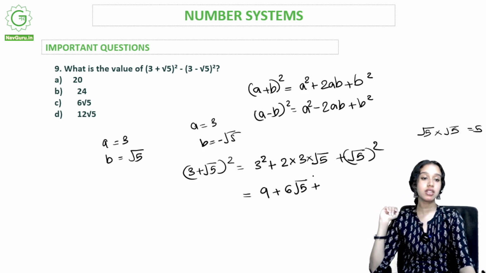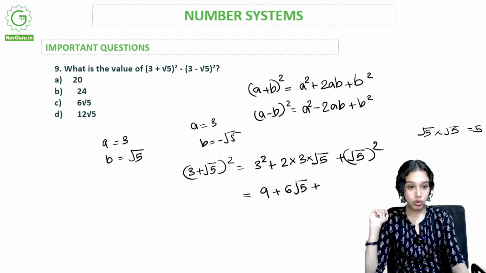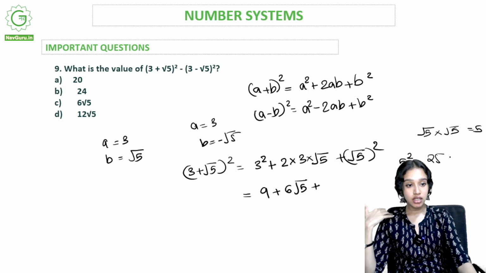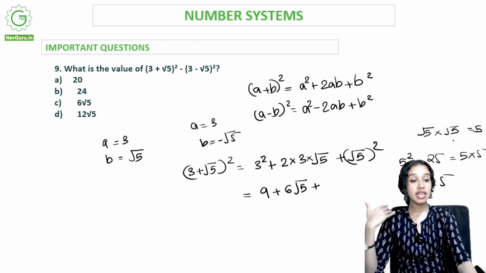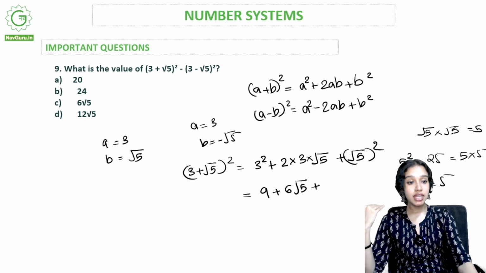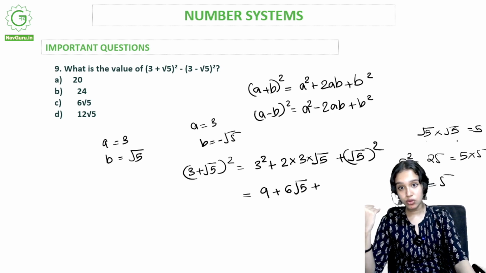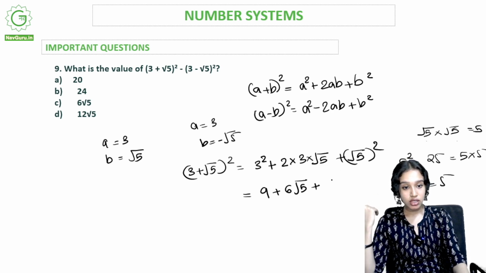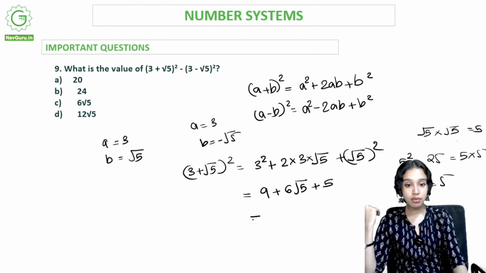How does this happen? Because we know that what is root and what is square root. 5 square is 25. This is 5 into 5. So we could say that root of 25 equals 5. The same thing we are doing here, and we get that root 5 into root 5 gives us 5. So this is 5. And 9 plus 5 is 14 plus 6 root 5.